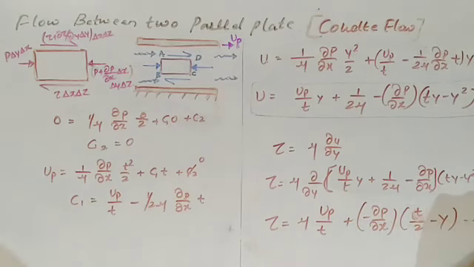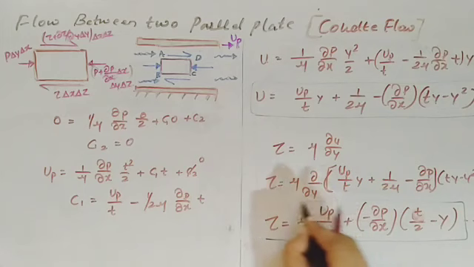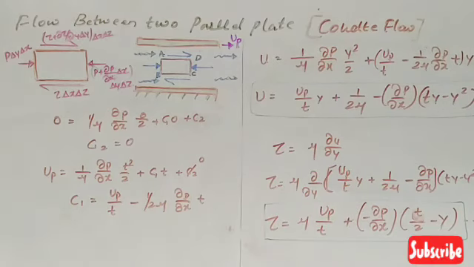Now this is the shear stress equation. This is equation 3 and this is equation 4. This is the shear stress distribution in a Couette flow.